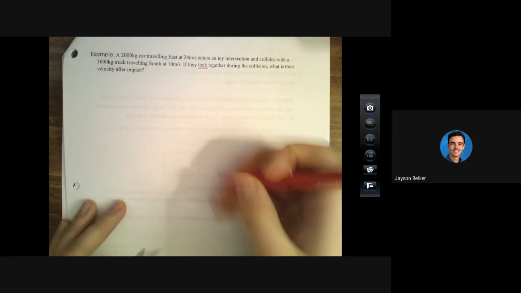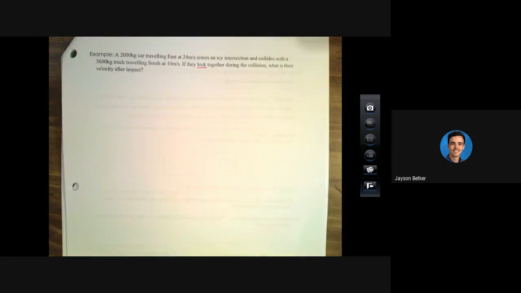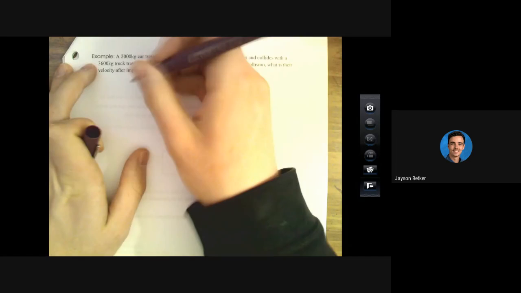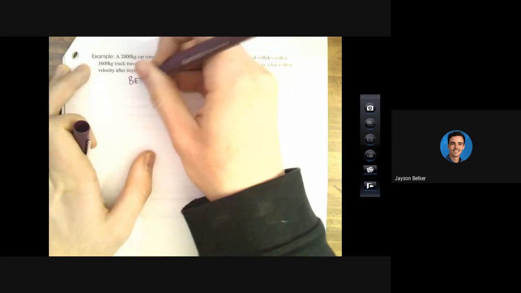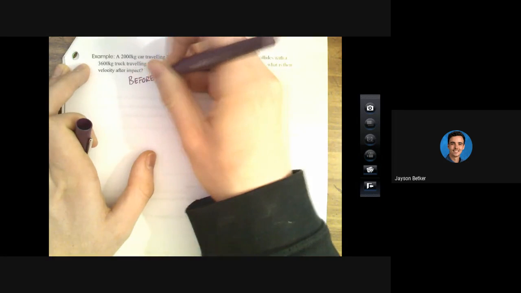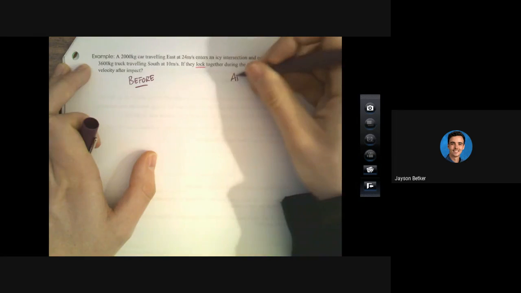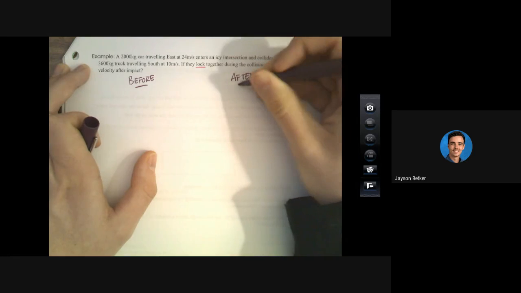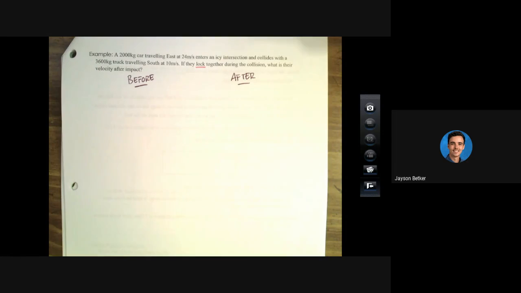So let's set this up. We'll draw out the scenario. I'll use 2 different colors again for the 2 different cars so we can see it a little bit better visually. So we've got before and we've got after. Let's take a look at how these cars are going to collide, the car and the truck.